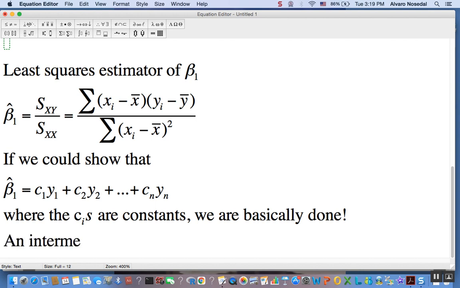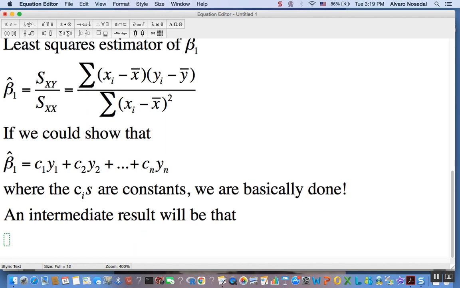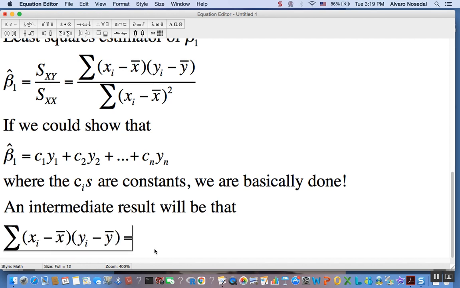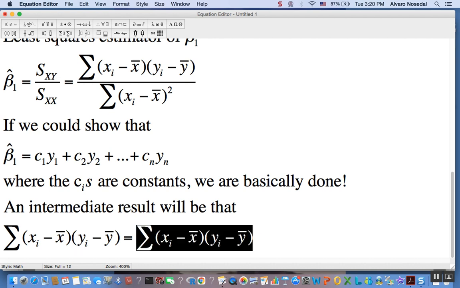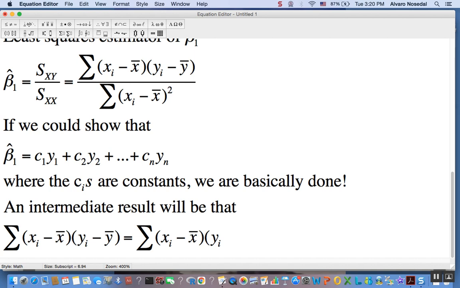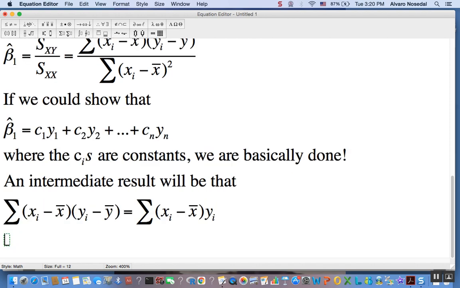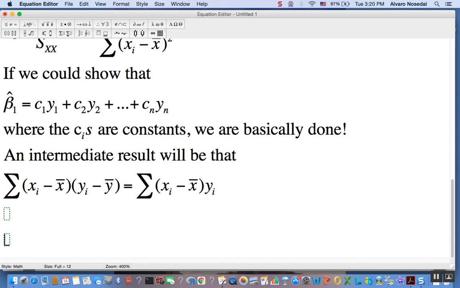An intermediate result will be that the cross product, the sum of xi minus x bar times yi minus y bar, is going to be the same as the sum of xi minus x bar times yi. So let's show this equality.